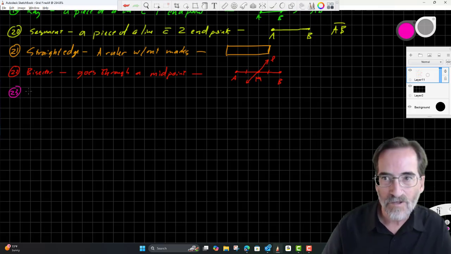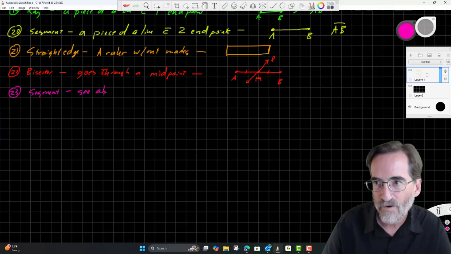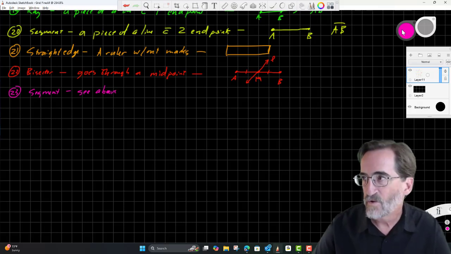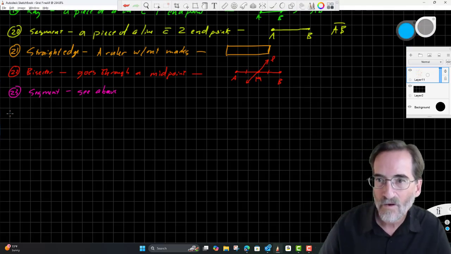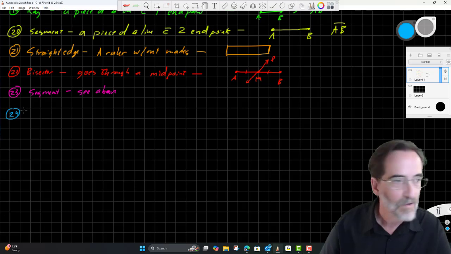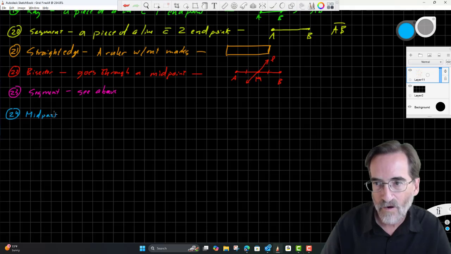23. Line segment, we've already defined. I'll say C above. 24. Midpoint. Means middle point.